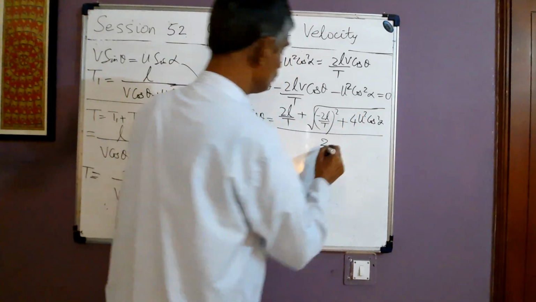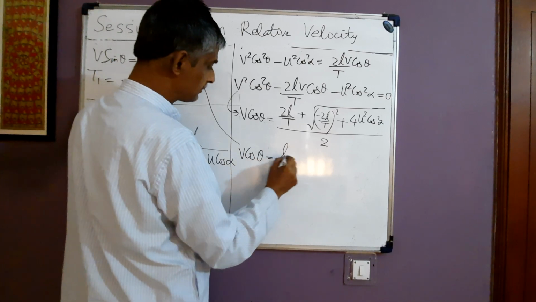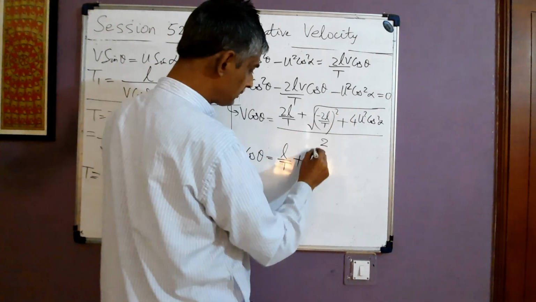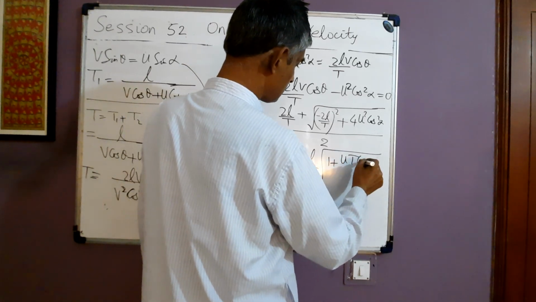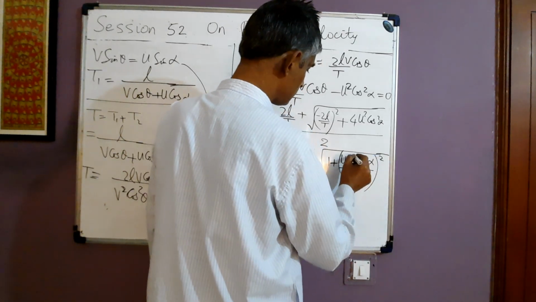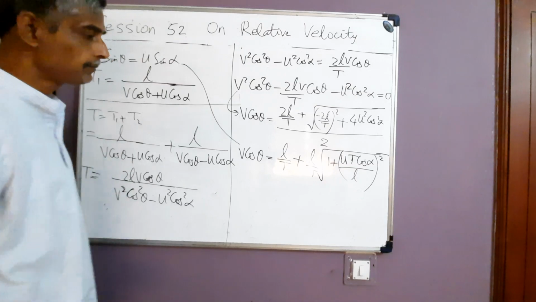Now 2 goes away. So V cos theta becomes L by T. I take L by T common: 1 plus the square root of (1 plus (UT cos alpha by L) whole square). Okay, fine. So this is the value of V cos theta.